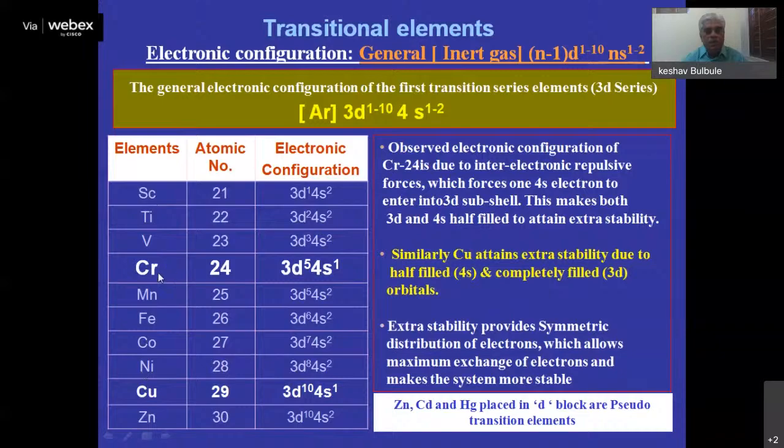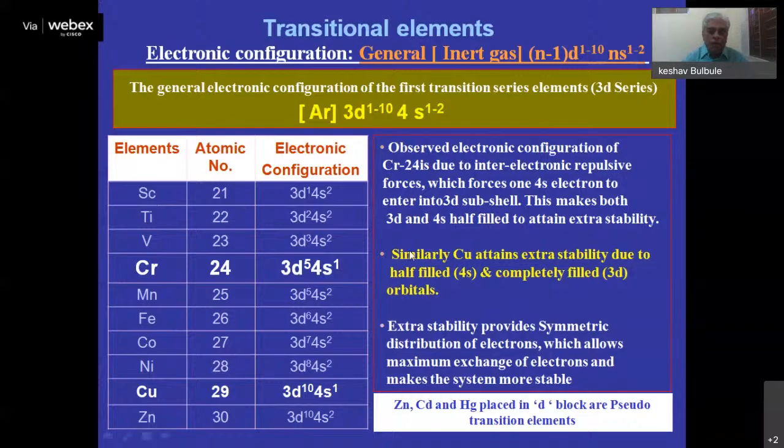And similar to chromium, copper with atomic number 29 should have got the electronic configuration of 3d9 4s2. But once again, copper is a little over greedy. It wants to attain extra stability due to completely filled orbitals, similar to chromium, which attained extra stability due to half-filled orbitals.